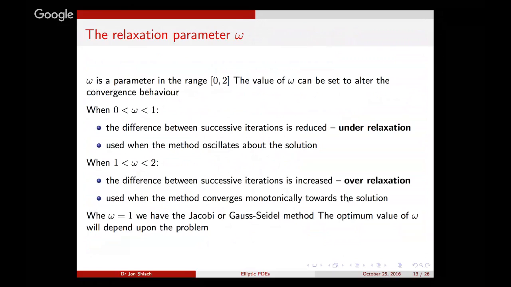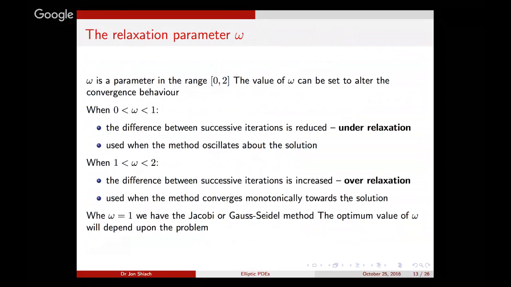So when omega is less than 1, the difference between successive iterations is reduced. Why would we want to reduce it? In certain cases, I'm going to do a bit of a sketch on the visualizer here. Along the bottom, this is going to be my equations, and let's say this dashed line is my solution.